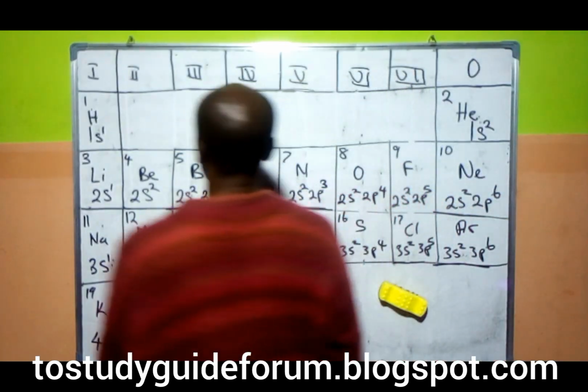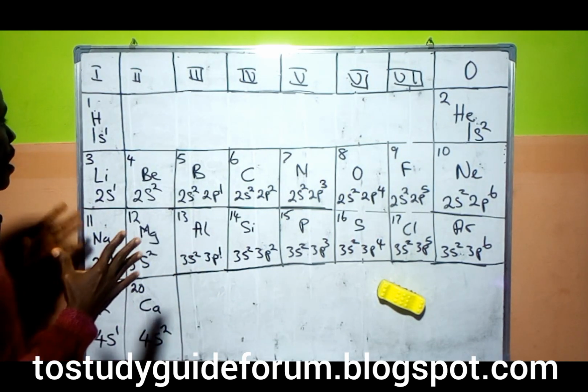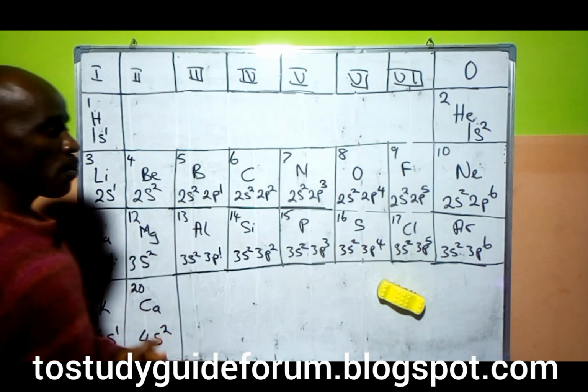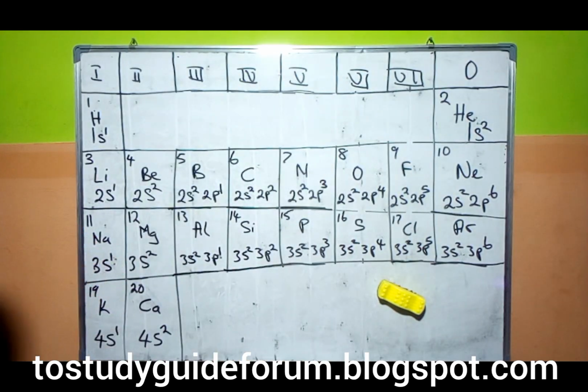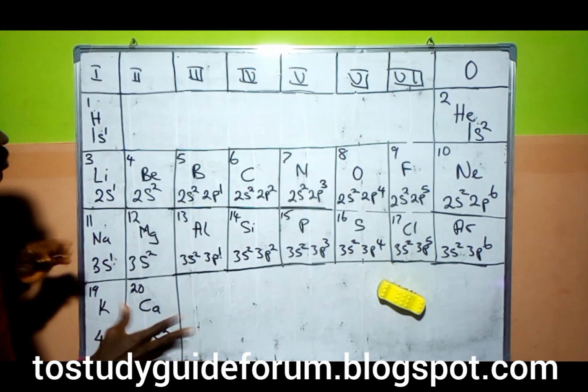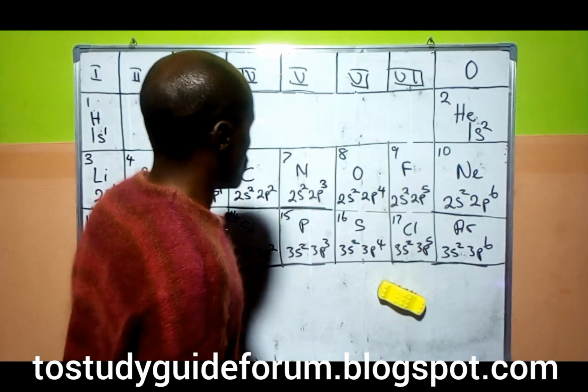Now, based on that, we're going to be looking at some relationships that exist in the groups. In each of the groups, there is always a relationship, and the elements are similar in their reactions.